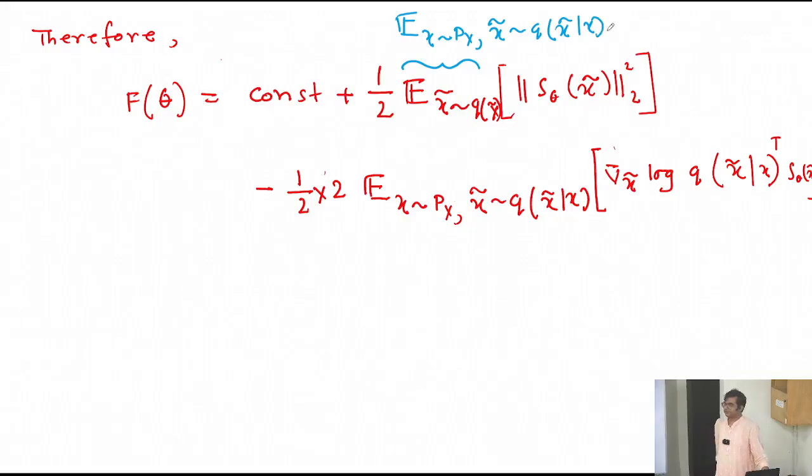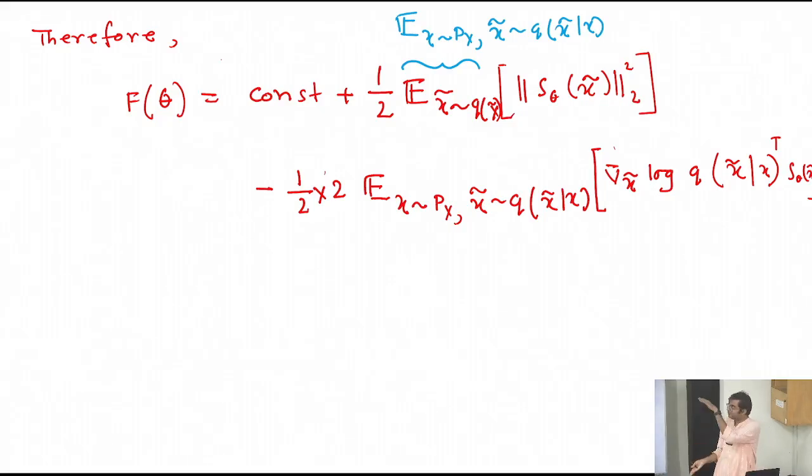Is this expectation not the same as the one I wrote earlier? Same, right? Because how do you get x tilde? Sampling x tilde means you will sample x, which is training data. Conditioned on that, you add noise to that, you get x tilde. That's exactly what we're doing here, right? This expectation is actually that expectation. They are the same.